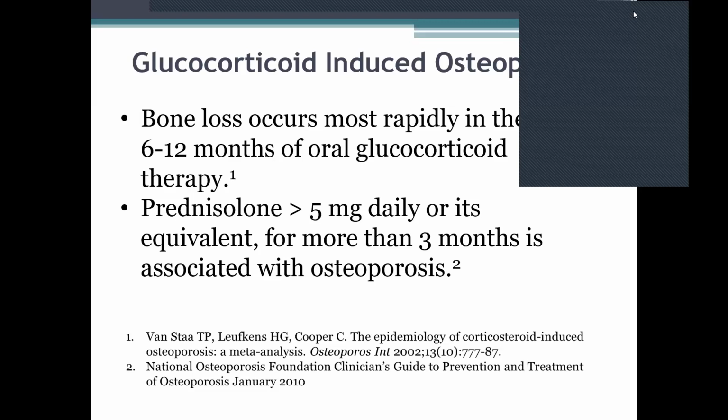So you do want to consider if they may have glucocorticoid-induced osteoporosis. They've been on a prednisone dose of 5 to 7.5 milligrams daily, or equivalent, for more than 3 months. So bone loss actually occurs very quickly within the first 6 to 12 months of oral glucocorticoid therapy.